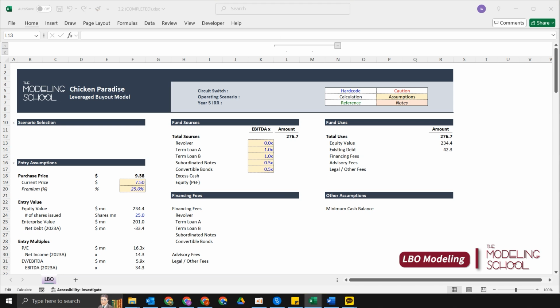And the current EBITDA is 34.3, so we're gonna multiply the current EBITDA, we're gonna anchor it, times the EBITDA multiple.